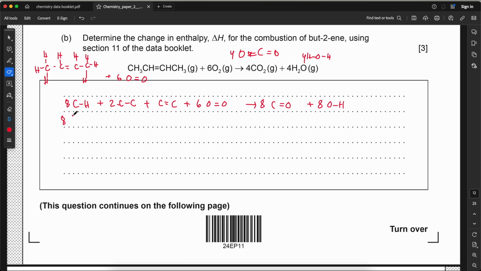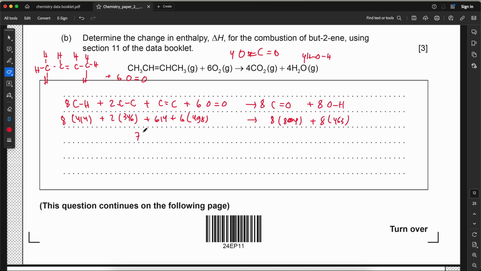8 times 414 plus 2 times 346 plus 614 plus 6 times 498 will be 8 times 804 plus 8 times 463.